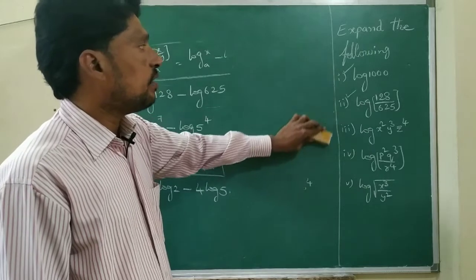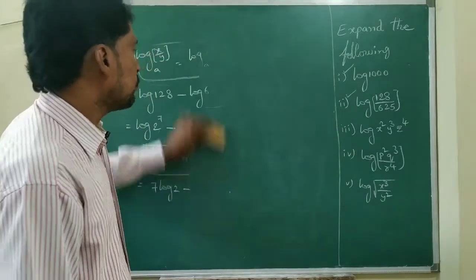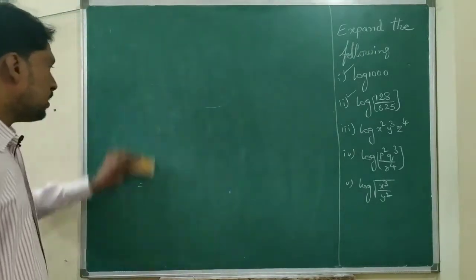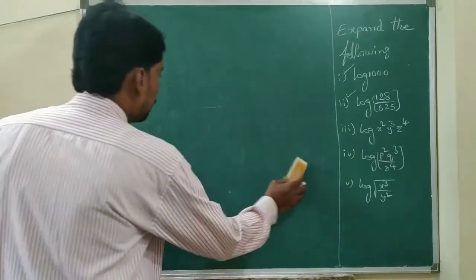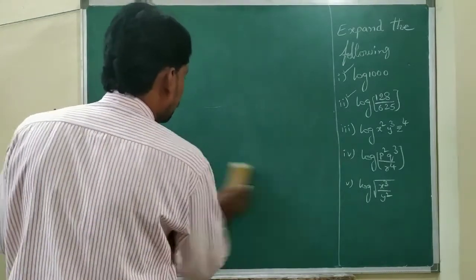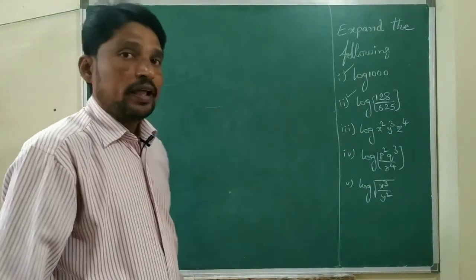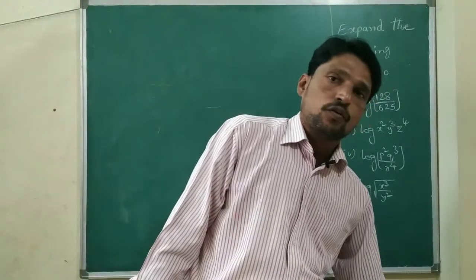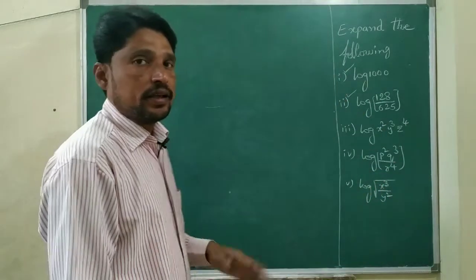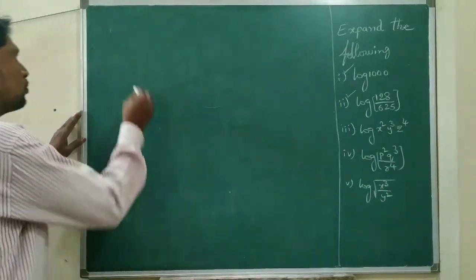Log x square y cube z power 4. In this case, what type of property do we have to use? X square y cube z power 4 means x, y, z, a product, so that is the product rule.